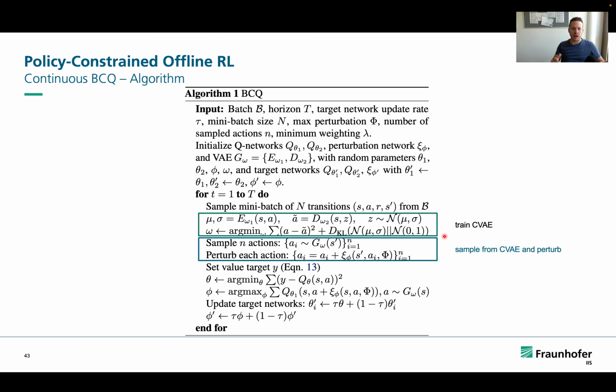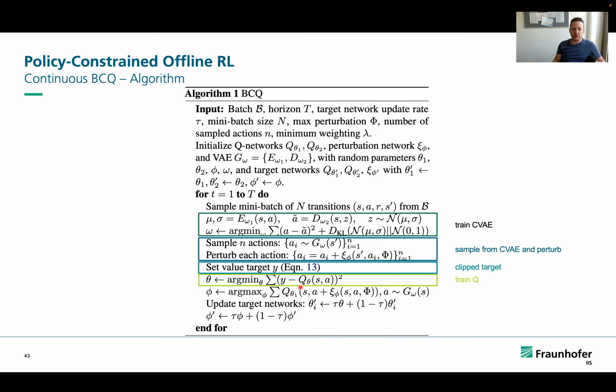Then we sample n actions from the CVAE, and we perturb those actions in the epsilon boundary using the DDPG algorithm. This lets us define the target of our value function using soft double-clipped Q-learning. With that, we can train our Q value.